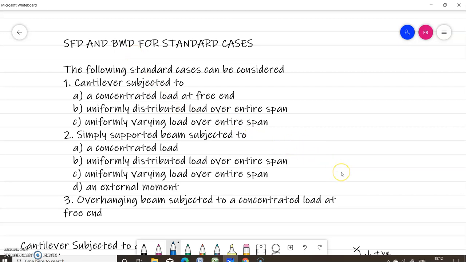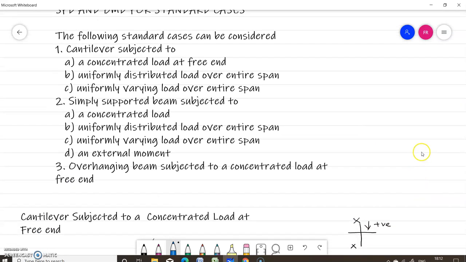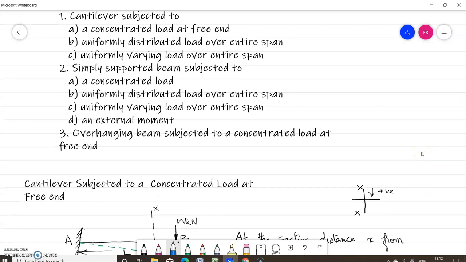You have to draw the bending moment and shear force diagram for a cantilever subjected to concentrated load at free end, cantilever subjected to uniformly distributed load over the entire span, uniformly varying load over the entire span, and in the case of simply supported beam subjected to a concentrated load, simply supported beam subjected to uniformly distributed load over entire span, simply supported beam subjected to uniformly varying load over entire span, and a simply supported beam subjected to an external moment.